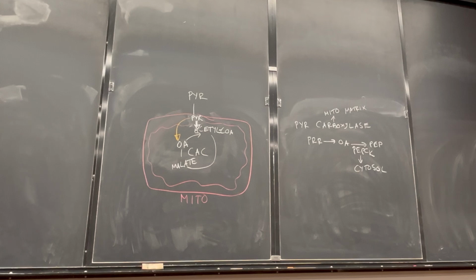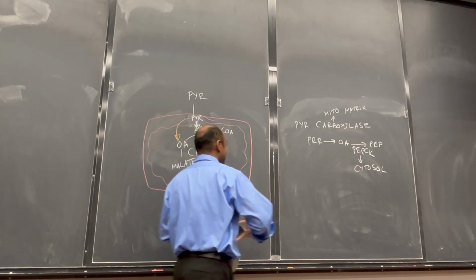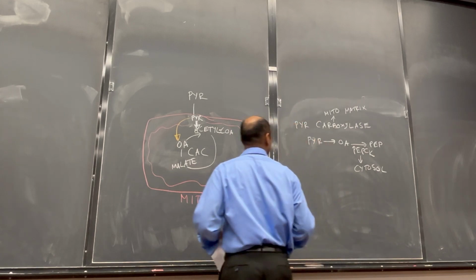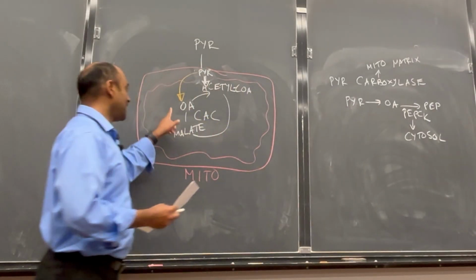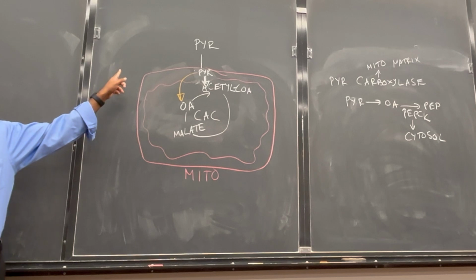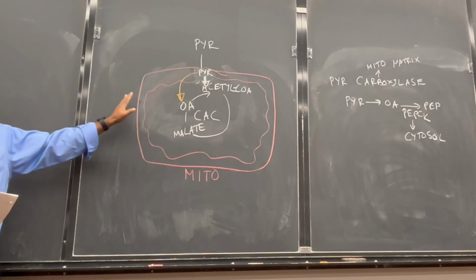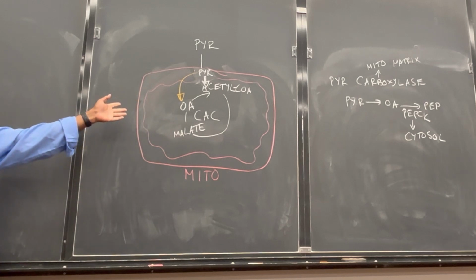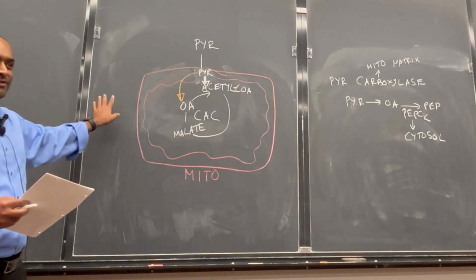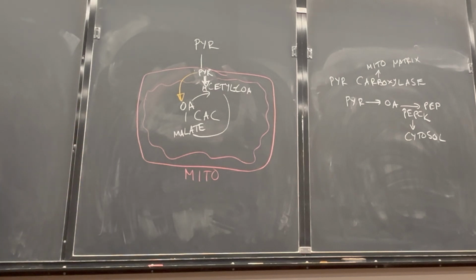Question? Oh, sorry. Supposed to be pyruvate. So OA can come out, right? OA can simply come out, and you can make gluconeogenesis happen, right? But because I'm saying it, there must be a twist. So it turns out there's no OA transporter. So OA cannot simply come out.